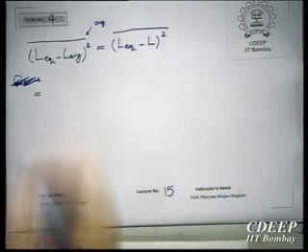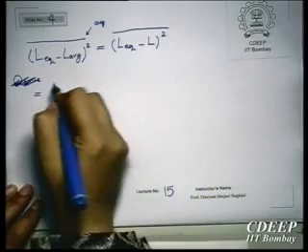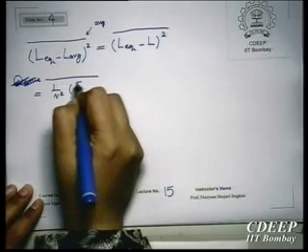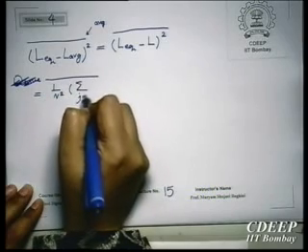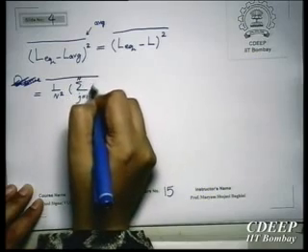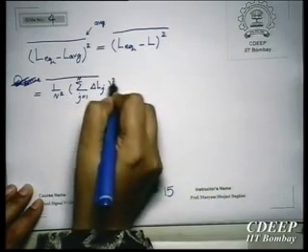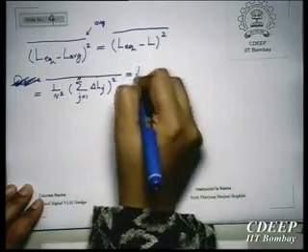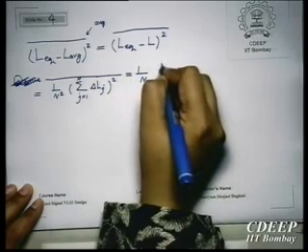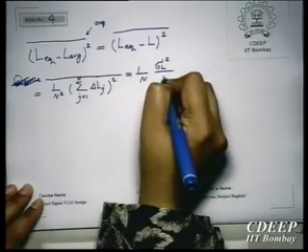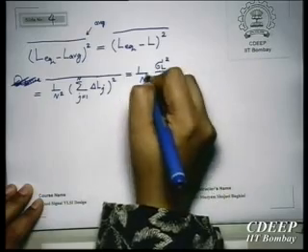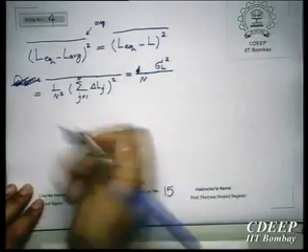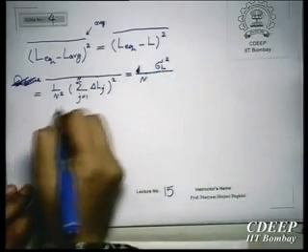Therefore, I will get this average, 1 upon n square into summation j from 1 to n delta Lj square. And this is effectively 1 upon n sigma L square.